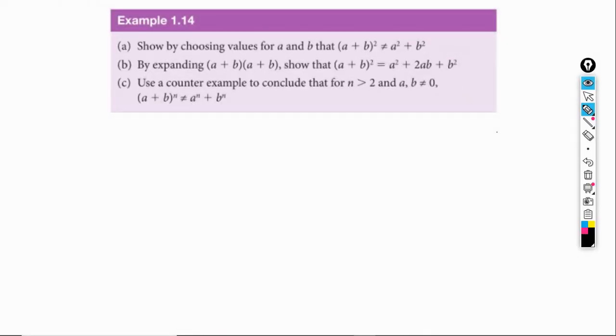Then our next example is 1.14. And part A says, show by choosing values for a and b that (a plus b) squared is not equal to a squared plus b squared. Now this is a big no-no, and this is a very common mistake that students make.